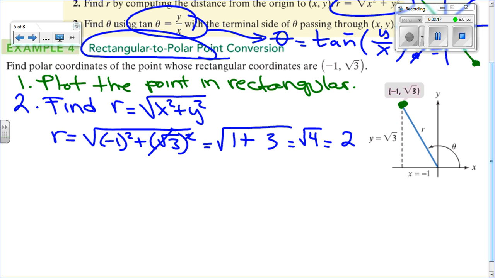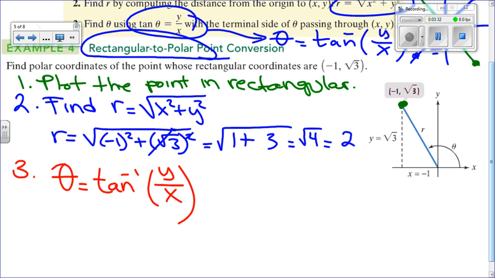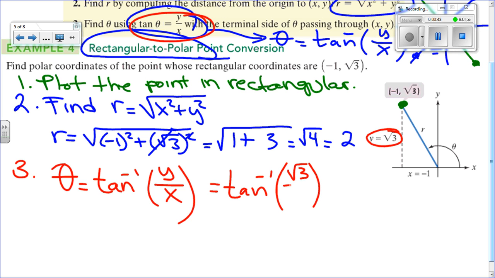All right, and now we need the angle. That would be number 3. For the angle, we're going to use the formula tangent inverse of y over x, which is derived from this one, of course. That will be the tangent inverse of our y value, the square root of 3, and our x value, -1.